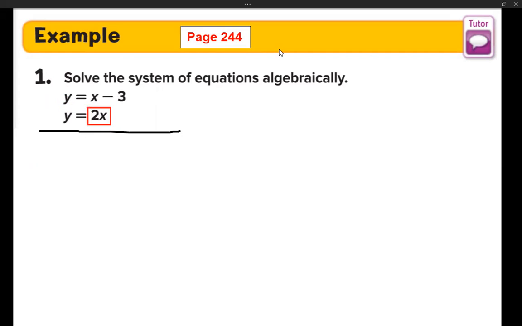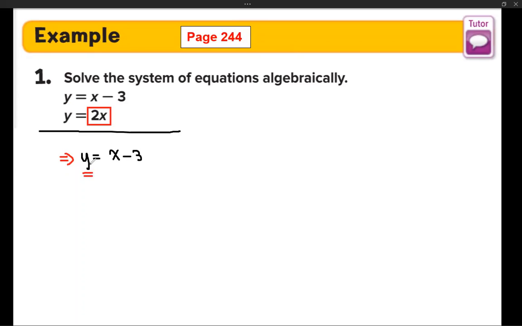The first step is to rewrite the other equation. The second equation tells us the value for y, so we are going to rewrite the first equation, which is y equals x minus 3. Do we know the value for x here? No, but we do know the value for y now.